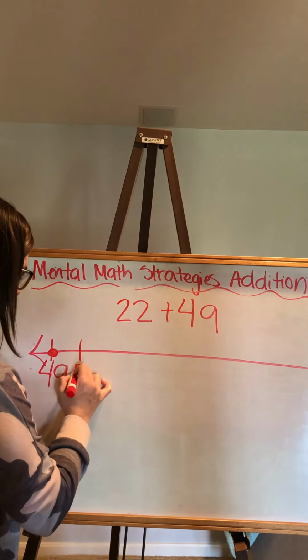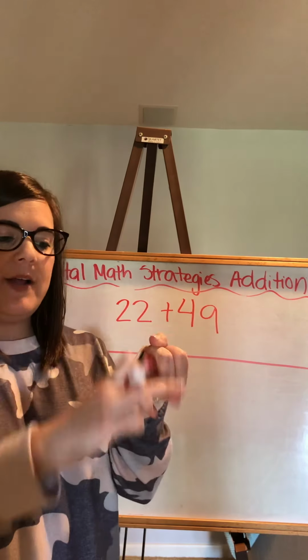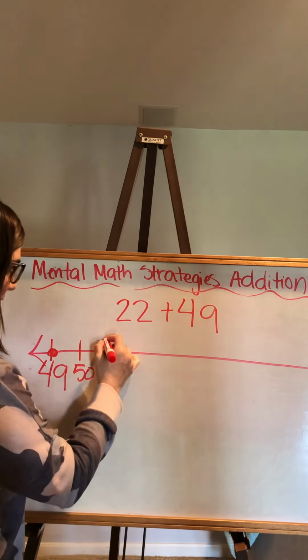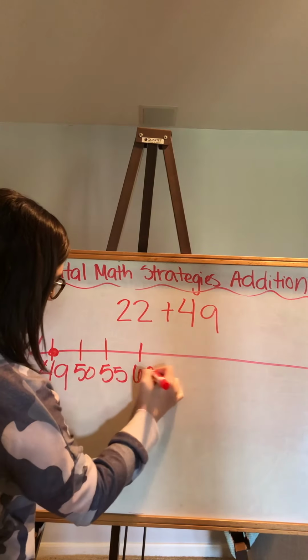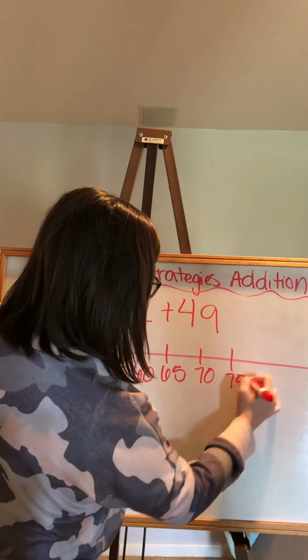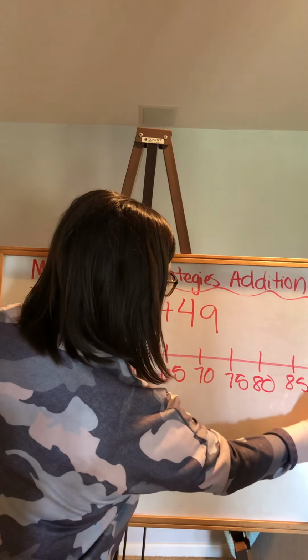Now, I'm going to first make this 50, because when we are adding things, it is always easier to add with a 0 or a 5 at the end of your number. So I went to 50. Now I'm going to count by 5s: 50, 55, 60, 65, 70, 75, 80, 85, 90, okay?